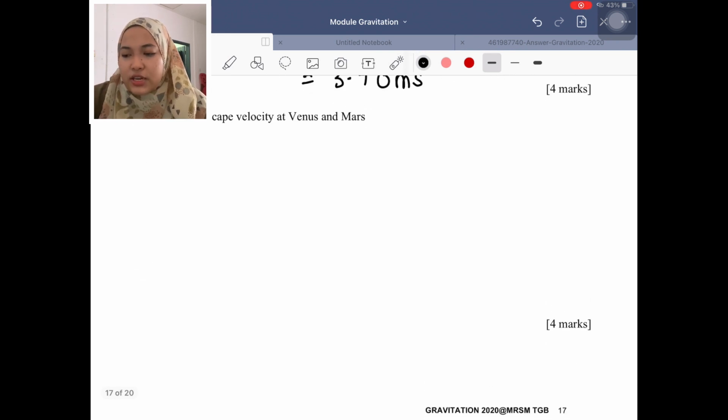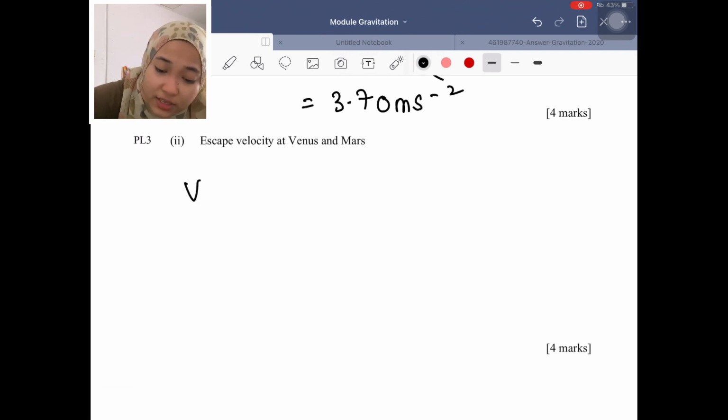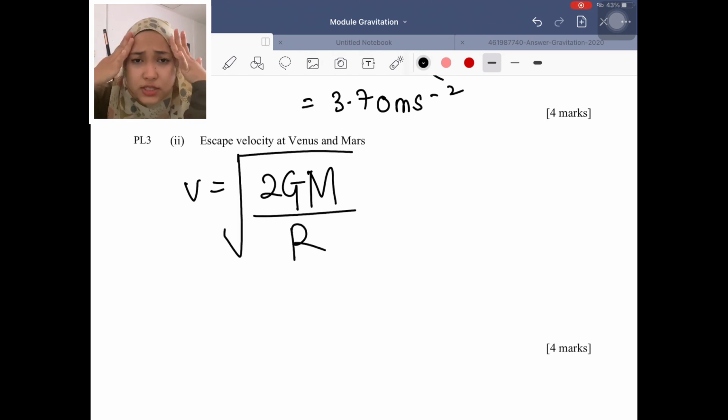Okay, so next question, escape velocity at Venus and Mars. Okay, so formula for escape velocity, so V equals to square root of 2GM over R. Kena hafal formula, banyak sangat formula untuk gravitation ni. Okay, so untuk Venus dulu.